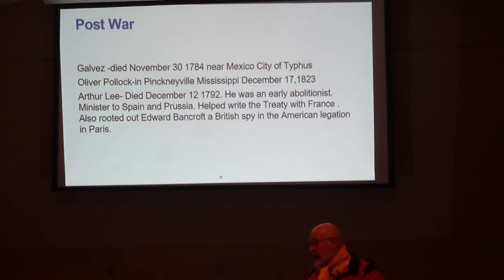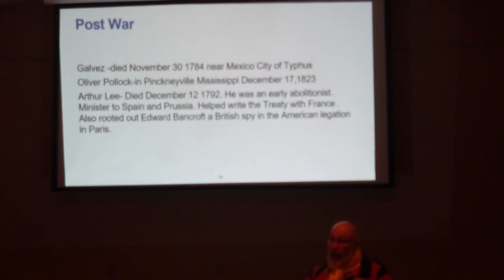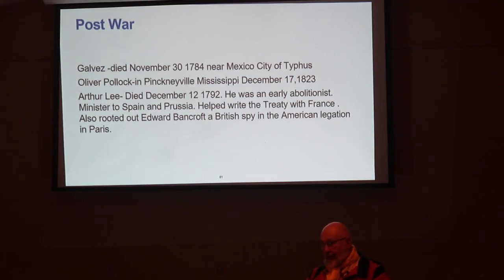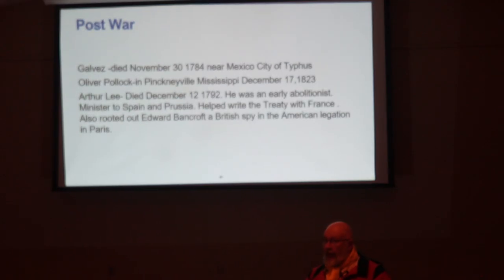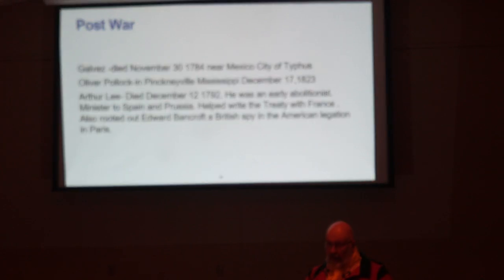He was a minister to Spain and Prussia during the American Revolution. One of the other countries that was involved in the American Revolution on the American side was Prussia. Nobody thinks about that. Frederick of Prussia hated the British, so he did ship muskets and supplies.